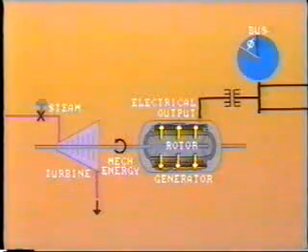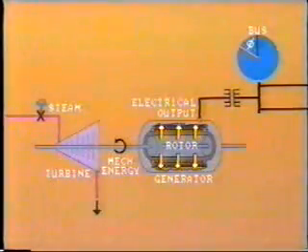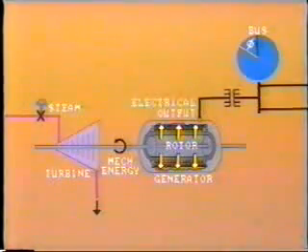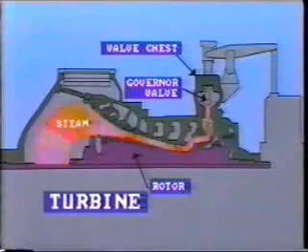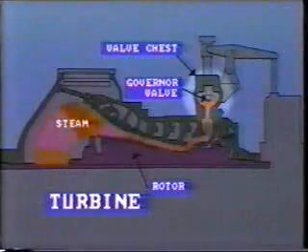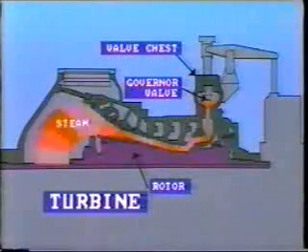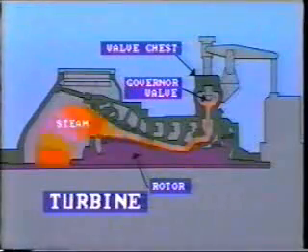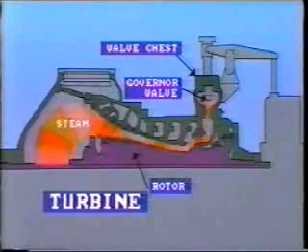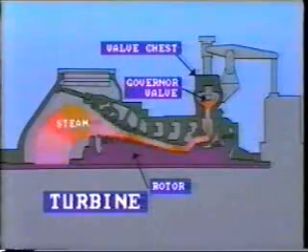From here, it passes across the air gap in the form of magnetic flux into the stator, where it is converted into electrical energy. In order to maintain a constant speed, the mechanical energy input must precisely match the electrical load output. As load demand changes, the turbine governor will continuously adjust the steam input so as to produce the required mechanical input. However, as we mentioned in the last segment, this action may take several seconds to complete.